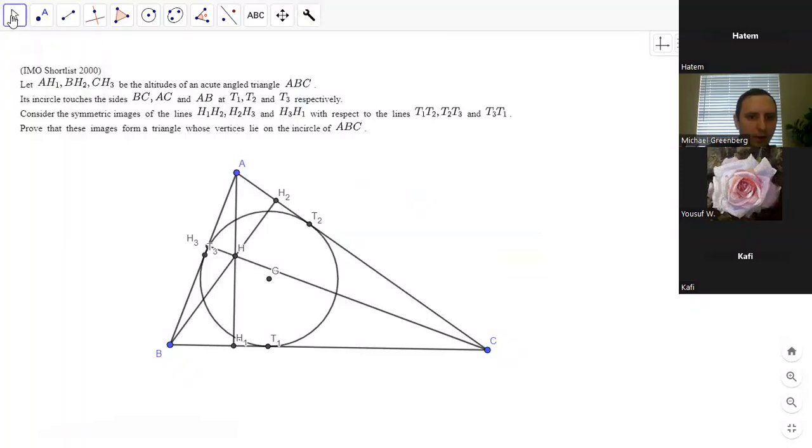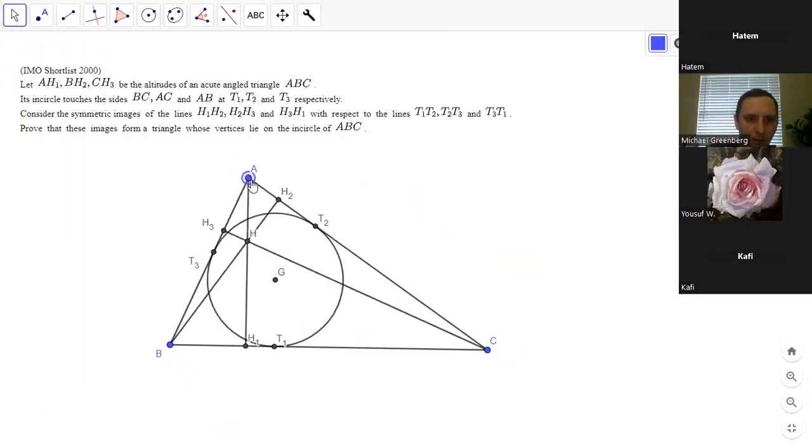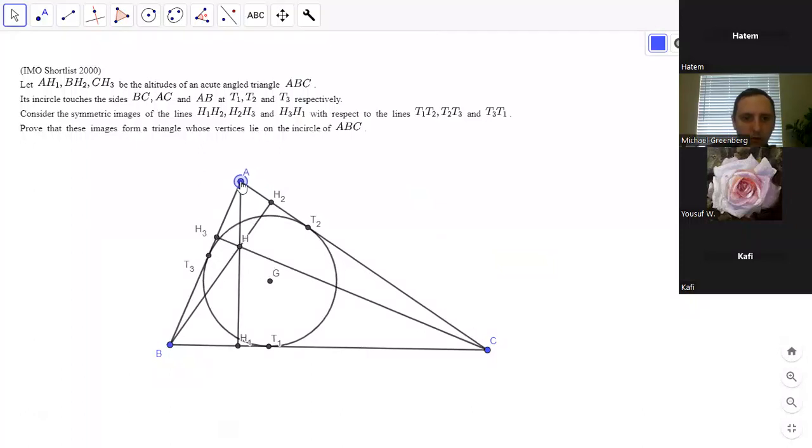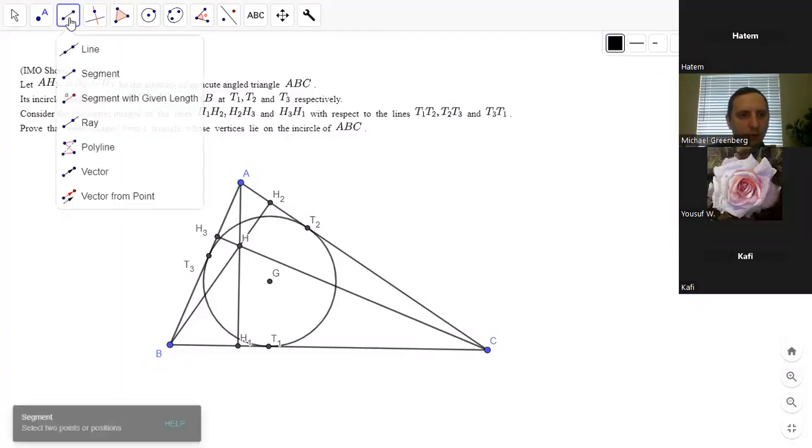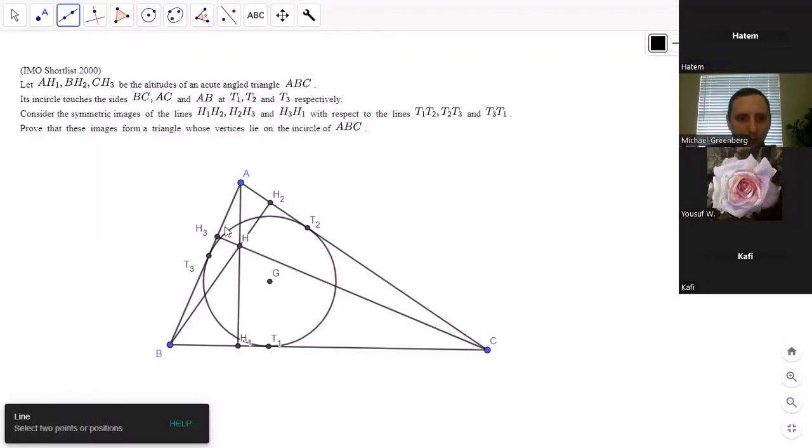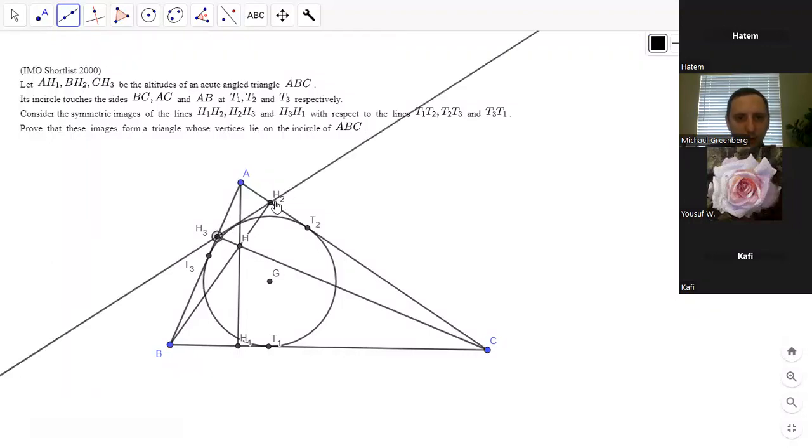So I think basically we could just show it for one side. This is one of the problems where we show it for one side, and then by the same argument, it's true for the others. So basically, we could start with H2H3, and we want to reflect it with respect to these two.